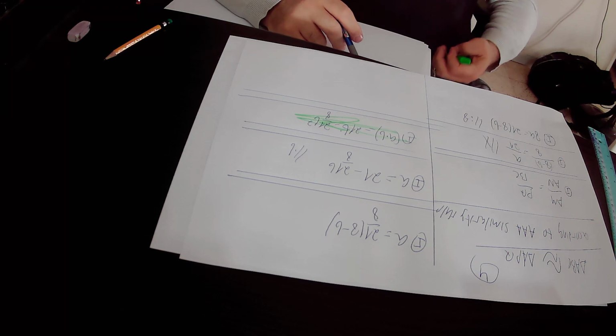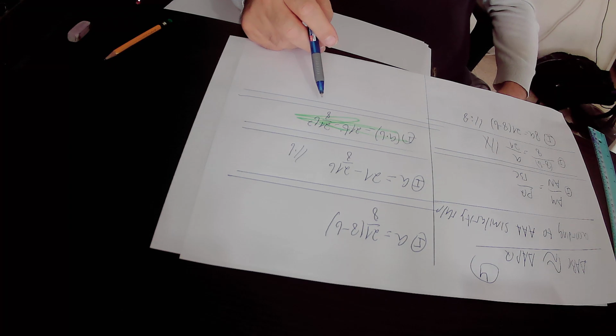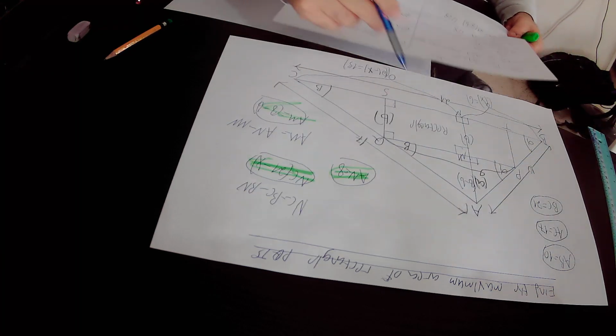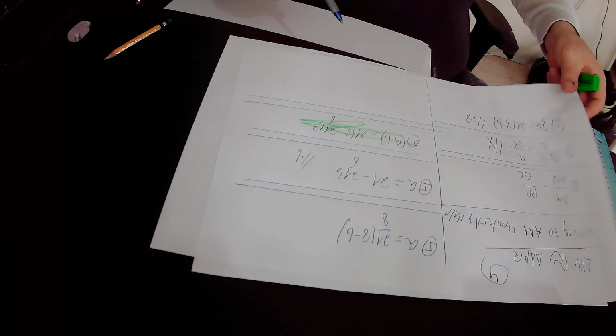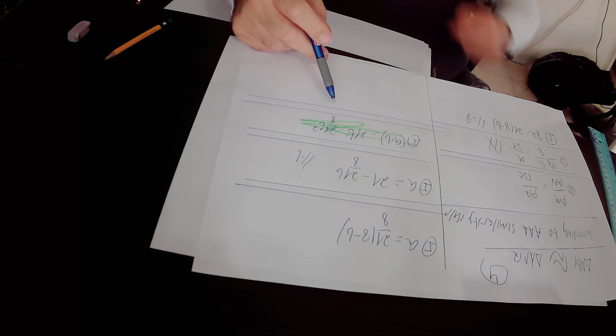So in order to find out the maximum value of this function, we will have to differentiate this function area and equate the derivative to 0.